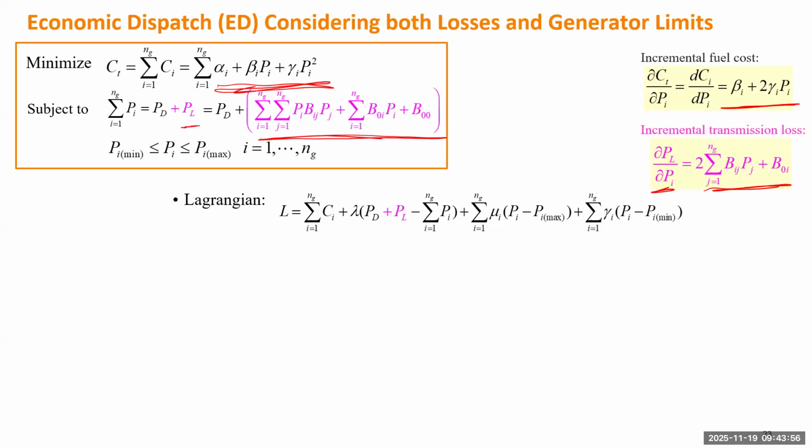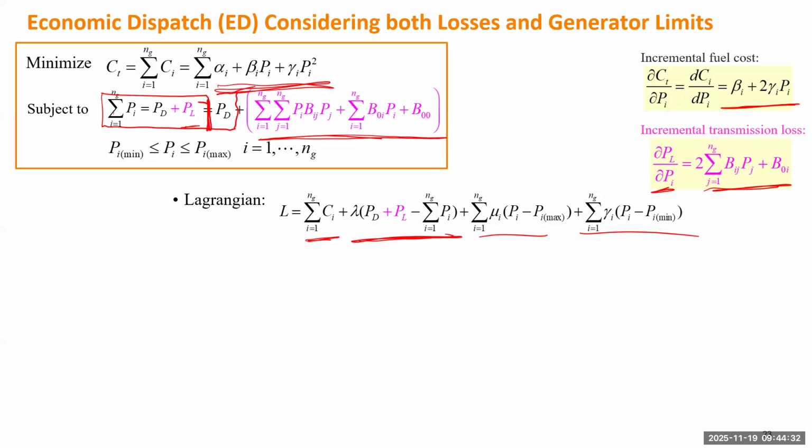Next, we update the Lagrangian function. We still have the total fuel cost, and we have the penalty for violating each generator limit. And for the penalty based on lambda, that's actually the penalty of violating the power balance equation. Because now the power balance equation becomes this one, so we have to add the transmission loss.